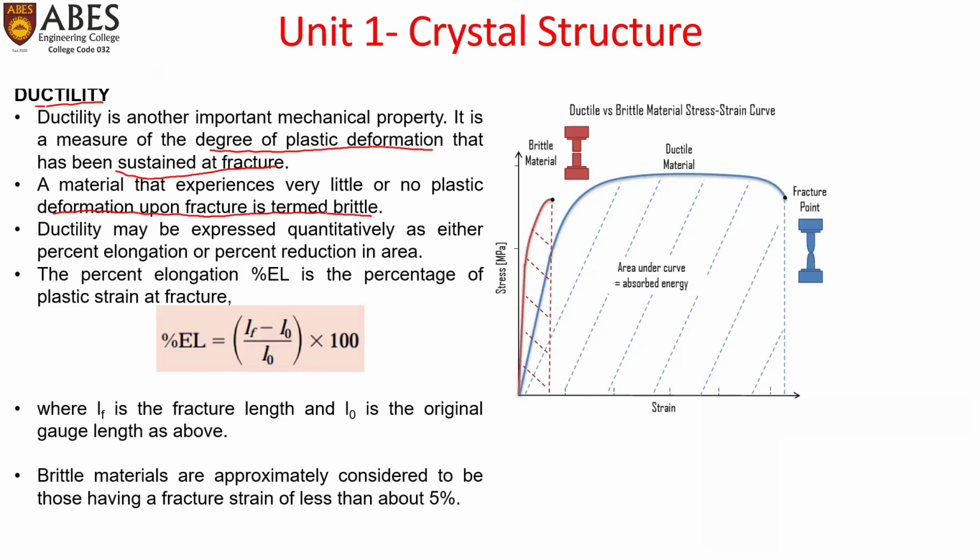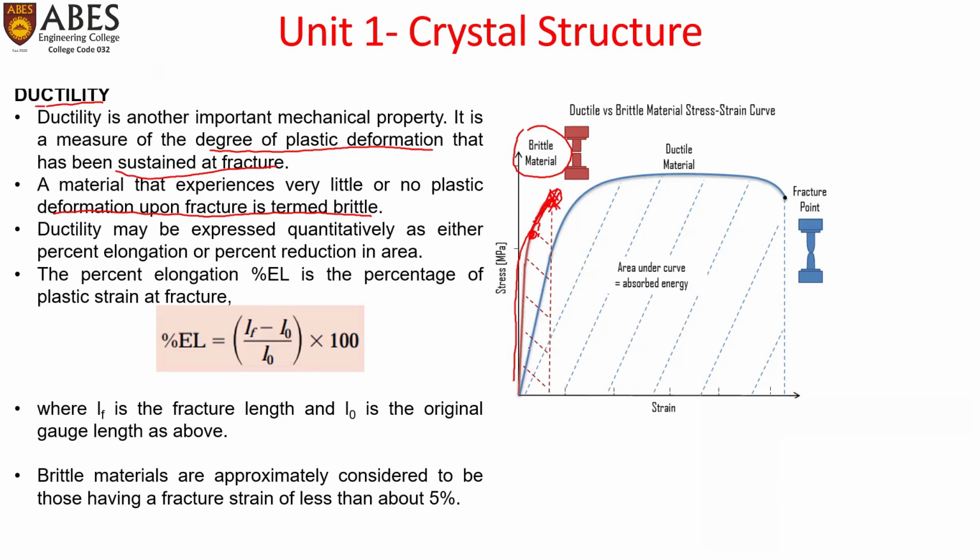So here we can see from the graph, if a stress-strain curve is plotted for both brittle material, this red curve, and for ductile material, this blue curve. Till the proportional limit and after that till the elastic limit, while increasing the stress, the brittle material will not get plastic deformation and it will break here only. This is the point of rupture or point of failure.